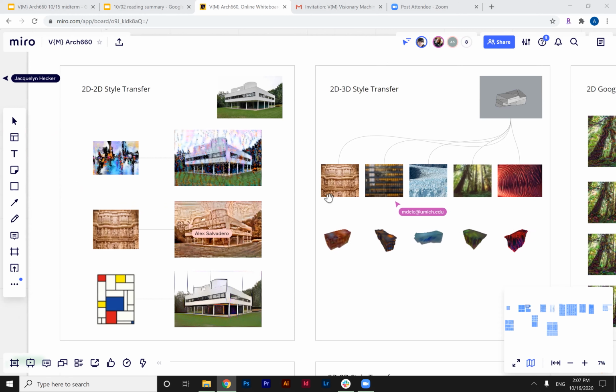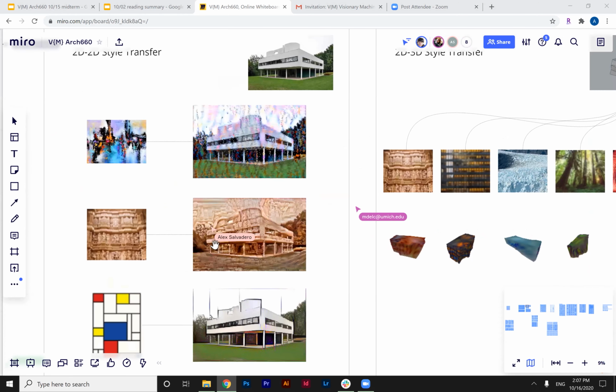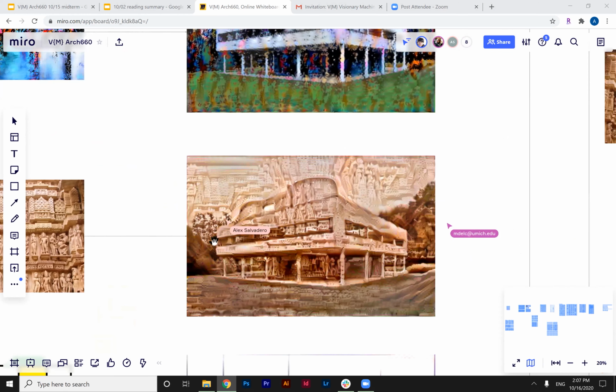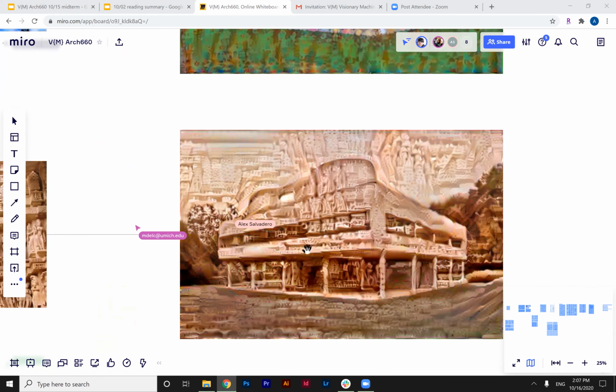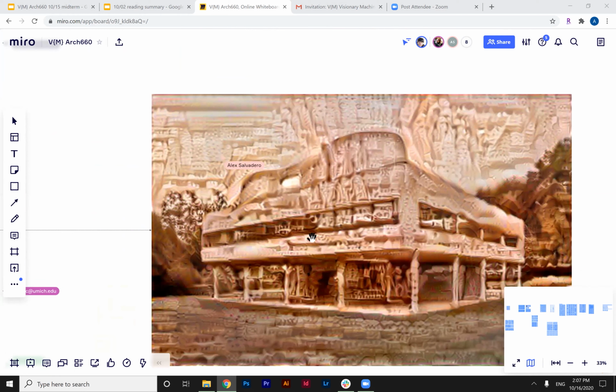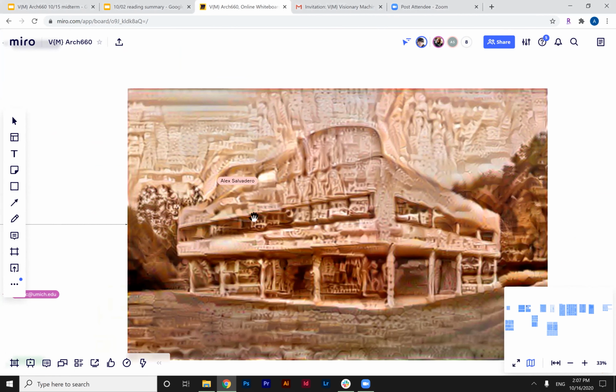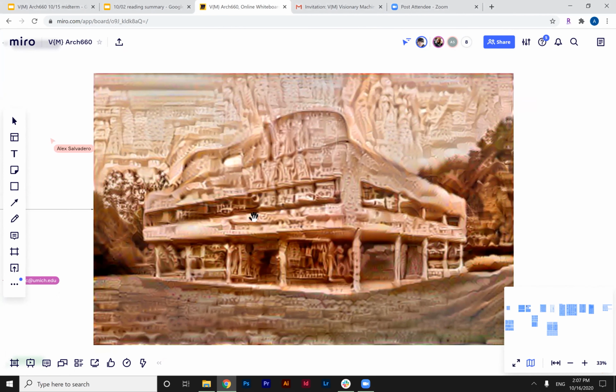It started to apply some of the ornamentation to the facade and different areas of the buildings, but it also started to do the same to the sky. So I thought it was the most interesting result versus the other two.